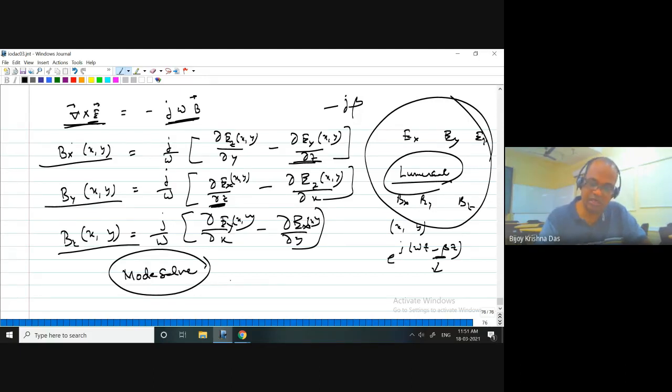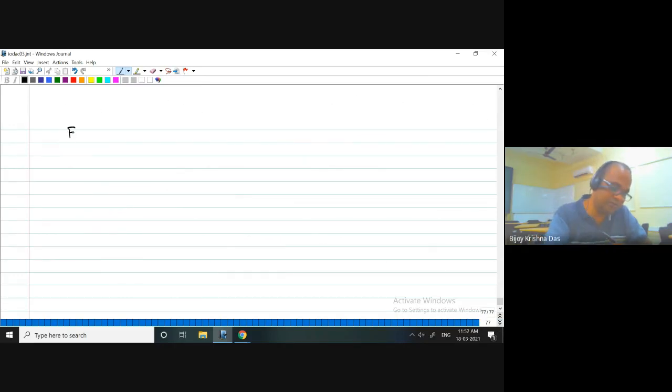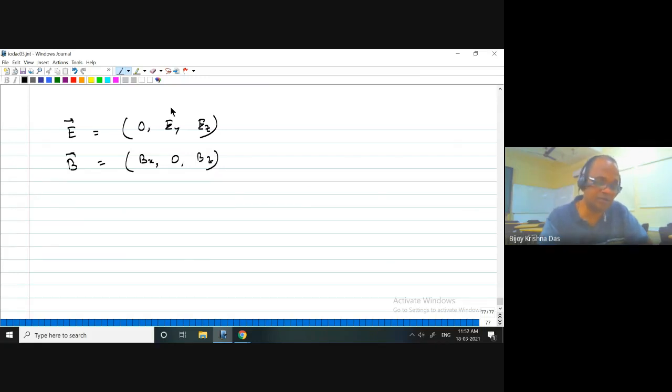Later on we'll see that, for our understanding purpose, if you solve all these 2D waveguides, you will find that some electric field components, say Ex, and magnetic field components, say By, can be negligibly small compared to the other field components, so you can consider them equal to 0.